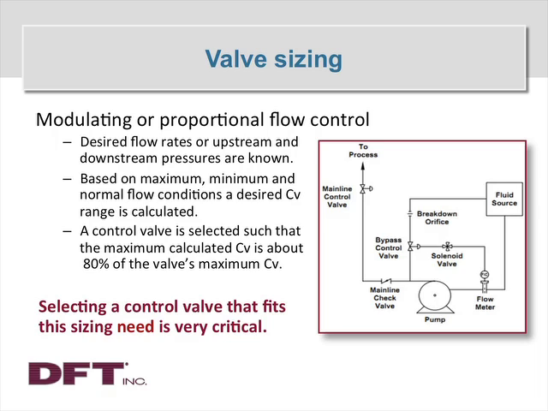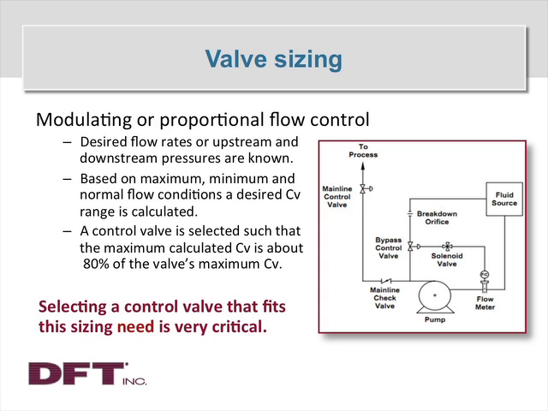Okay, so now let's take this up another level and talk about what's important for sizing considerations for modulating and proportional flow control. Pretty much the desired flow rates or the upstream and downstream pressures are known entities, known values in this kind of an application. And in every circumstance, there's going to be maximum, minimum, and normal flow conditions.